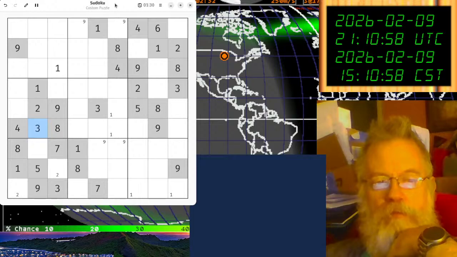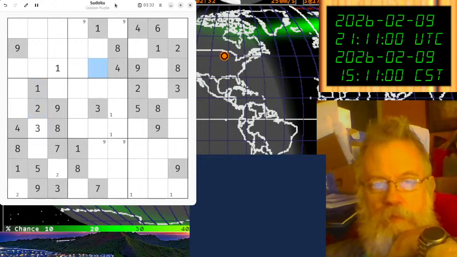Okay, we could solve a 3 here. One of these 2 is a 3. 4 possibilities here. One of these 2 is a 3. 3 possibilities here. One of these 2 is a 3. How about 4? One of these 2 is a 4. I get 3 possibilities here.